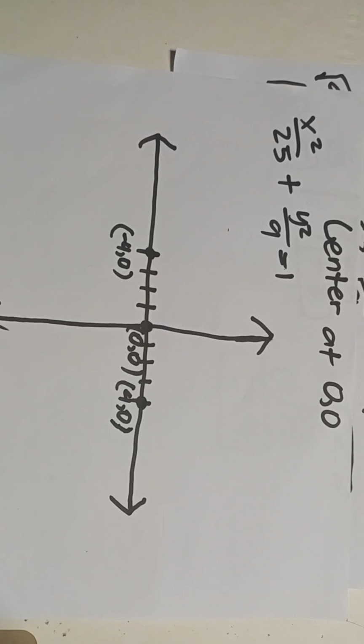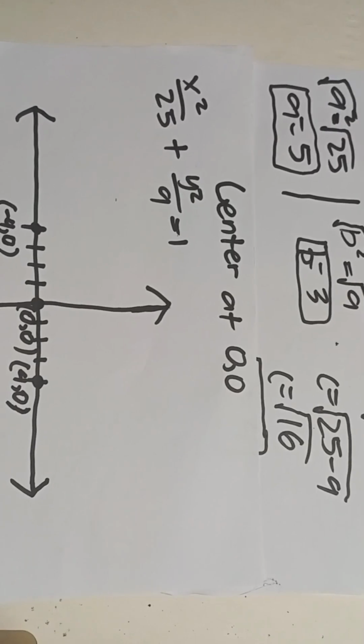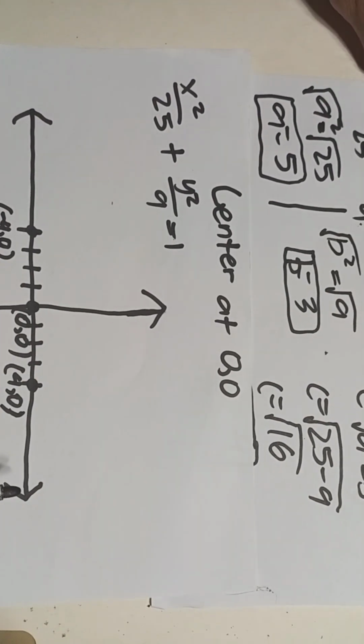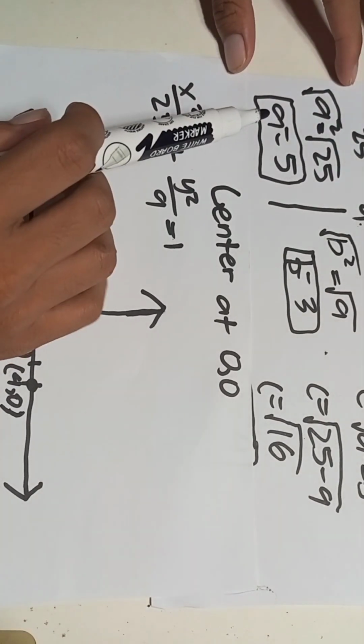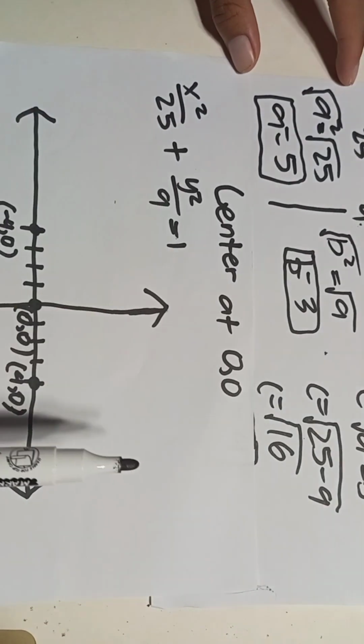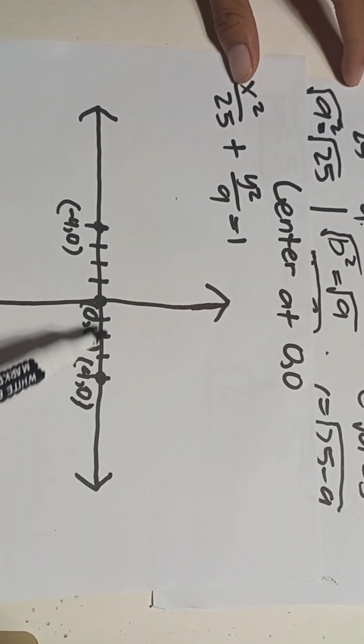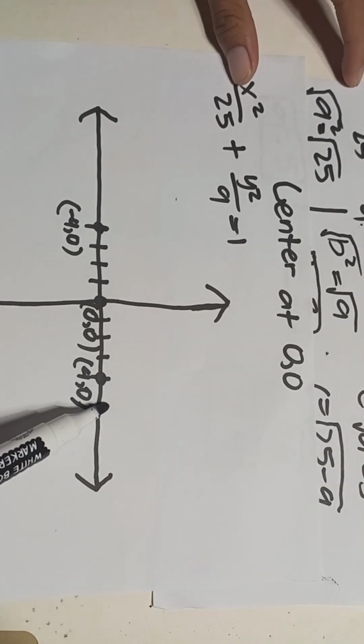Next, we are going to find our vertices. Vertices are equivalent to our a, which is 5. So just count 1, 2, 3, 4, 5.